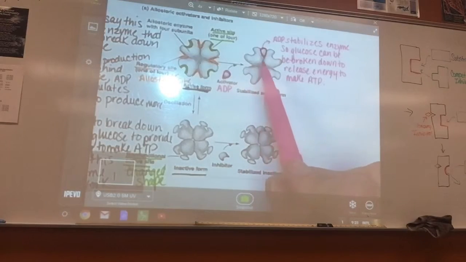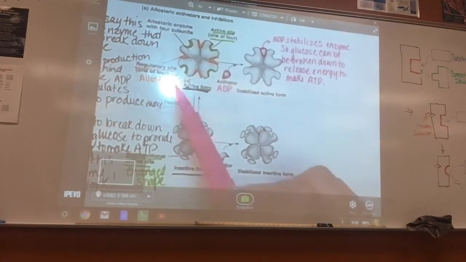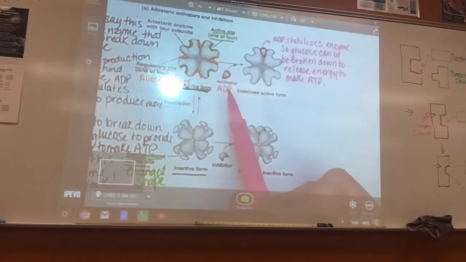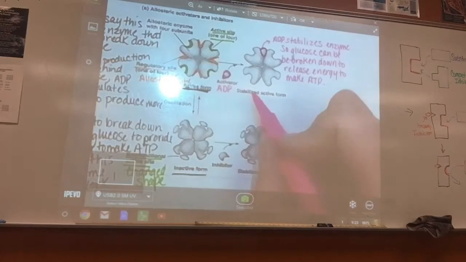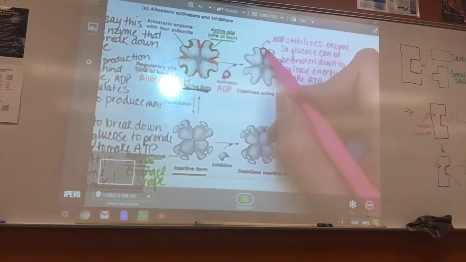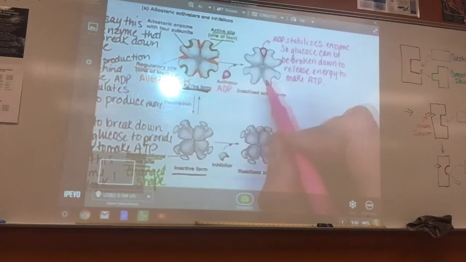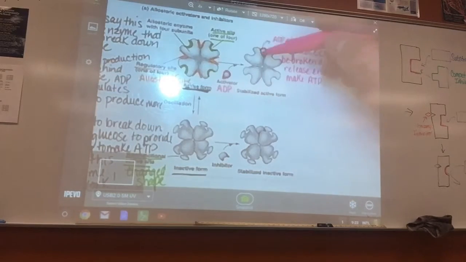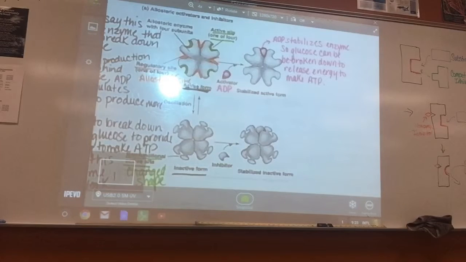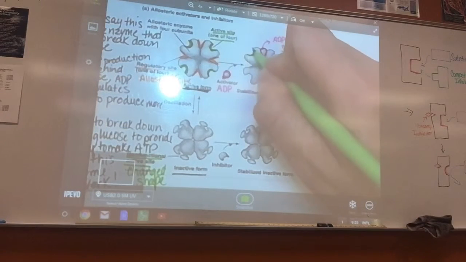And what I mean by stabilizing is, in our cells, as you use up ATP and you get this ADP accumulating and you're not using it to make any more ATP, all that accumulated ADP binds to that regulatory site, the allosteric site, and makes it so that the active sites stay in the right shape.